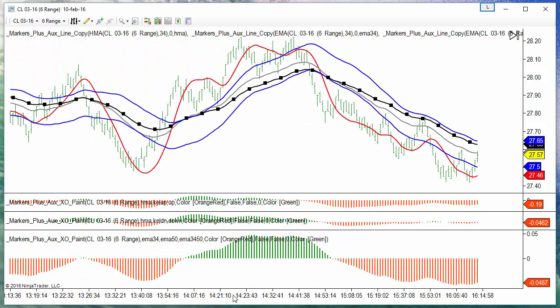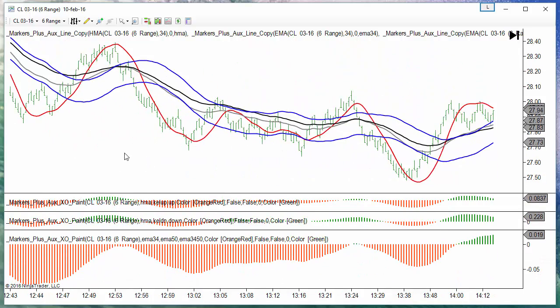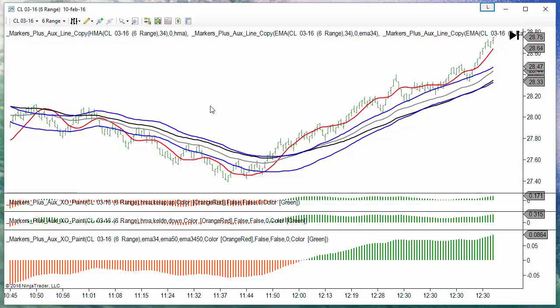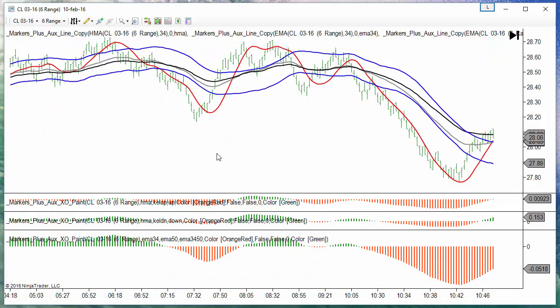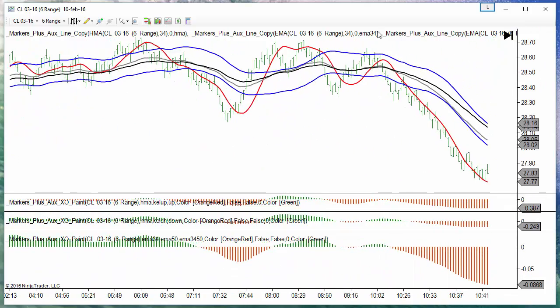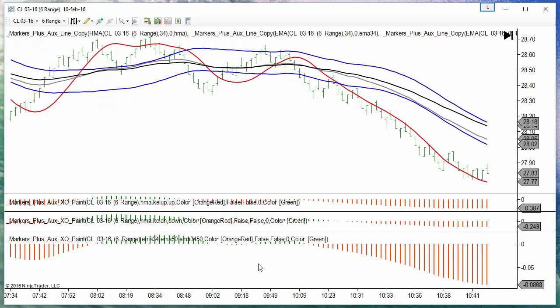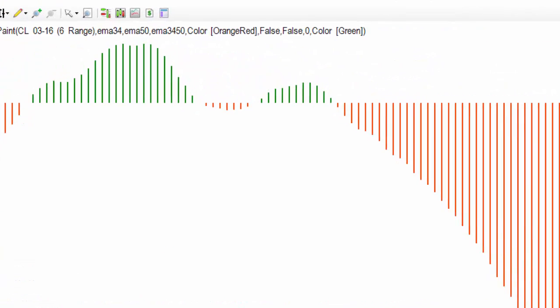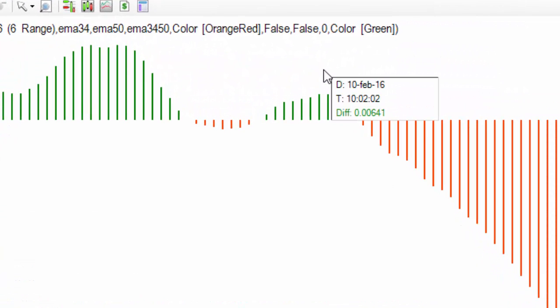And as I told before, I want to avoid taking trades when this distance is too small. Like for example here. This difference is 0.00, it is lower than 1 tick.